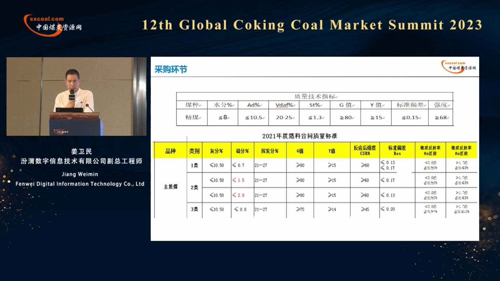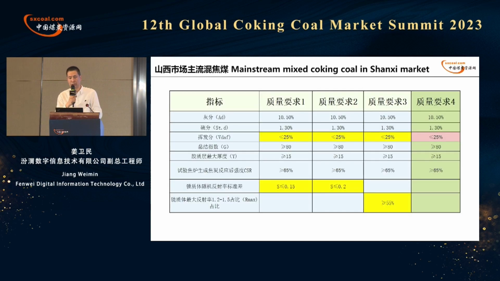Take a look at this example. They are somewhat similar, but here we have reflectance, and that is about 3.8. So these are a couple of different contracts. Given this requirement on the market, in Shanxi we are basically featuring the mainstream mixed coking coal in our market.